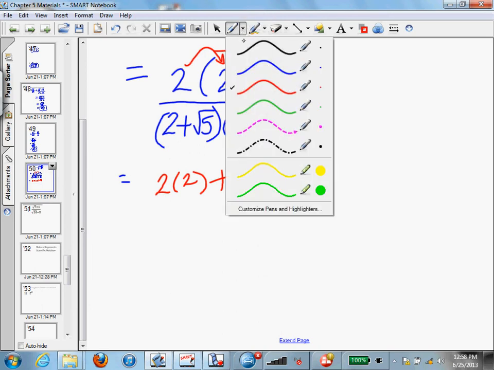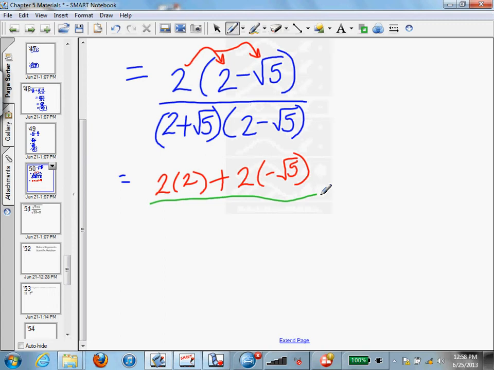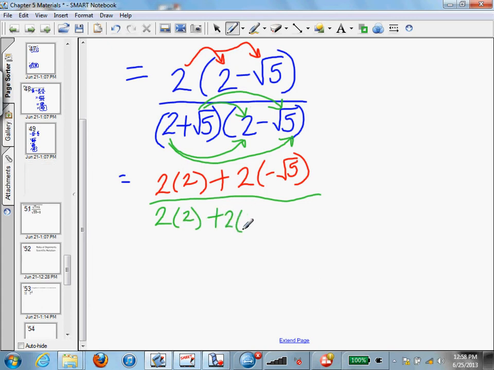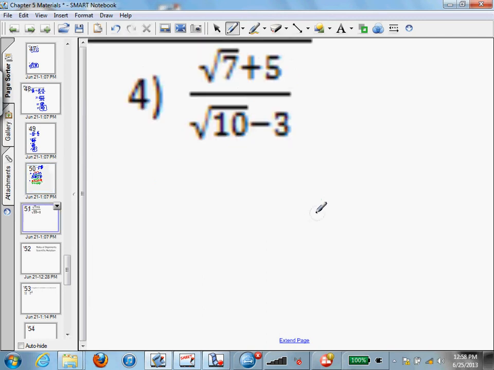And if we work on bottom, let's take our FOIL terms and multiply it across everything inside the parentheses. So we're going to start off with 2 times 2 plus 2 times a negative square root of 5 plus square root of 5.